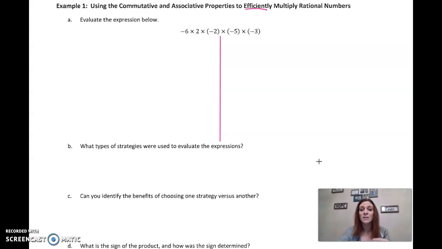Exponents, no exponents, multiplication, division. So we're going to multiply and divide from left to right. And this is all multiplication, which is good because you can use our commutative and associative properties with that. Okay, so since this is all multiplication, let's just multiply.